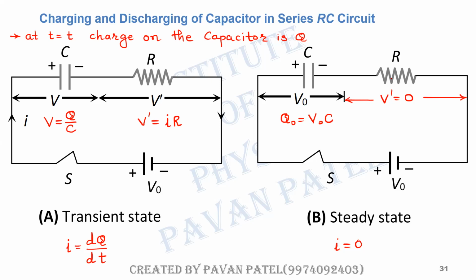We all know that. So please remember that V is equal to Q by C at time t, right? Charge on the capacitor is, suppose, Q. Okay, now let's prove the formula to find out the charge on the capacitor at time t.